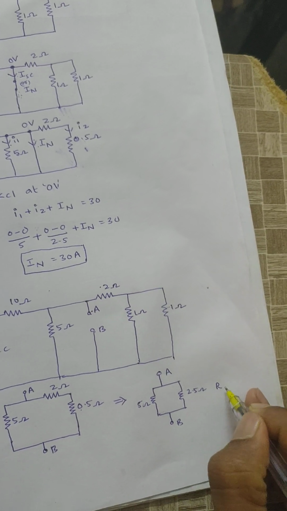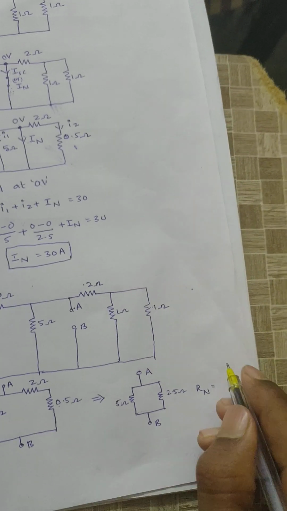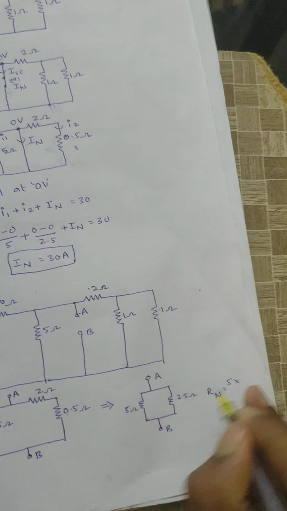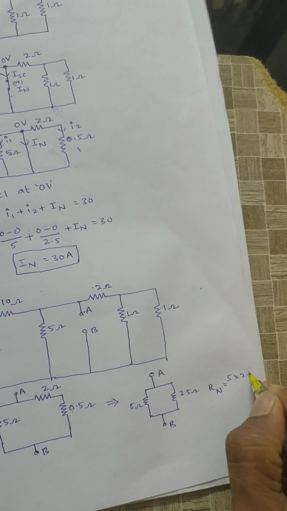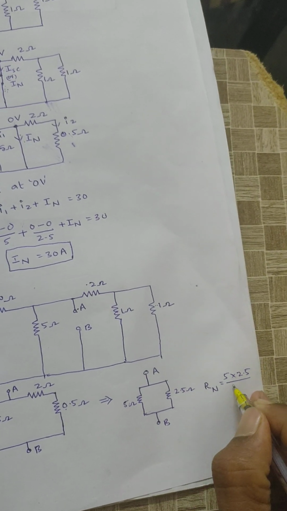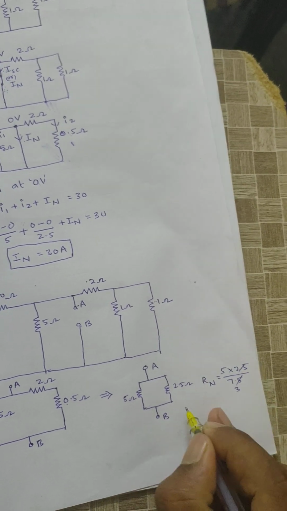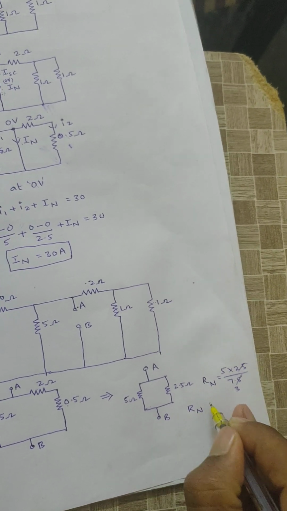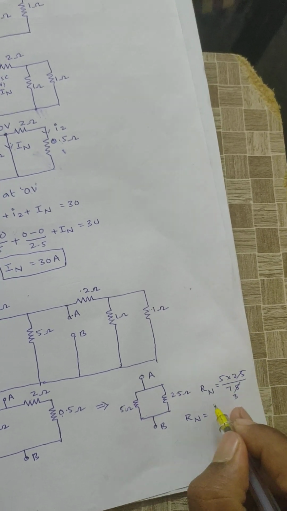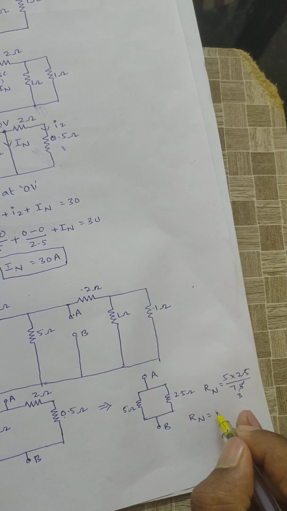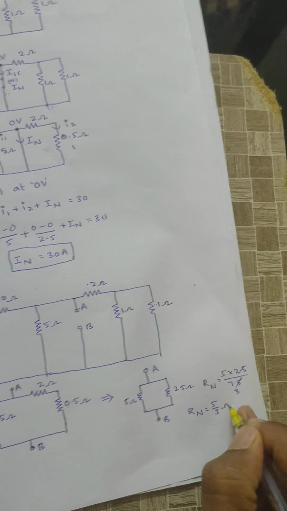Then Rn value will be 5 into 2.5 by, these two resistors are connected in parallel, right? 5 into 2.5 by 5 plus 2.5, that is 7.5. 2.5 threes are right. Then Rn value will be 5 by 3, right? 5 by 3 ohms.